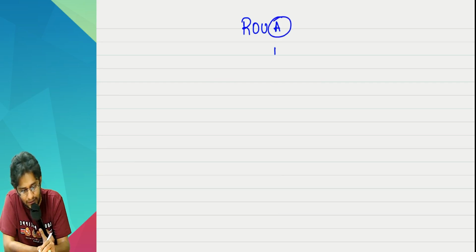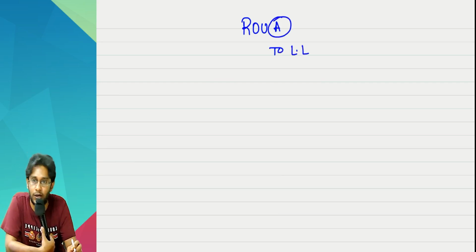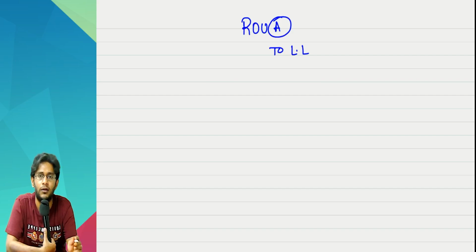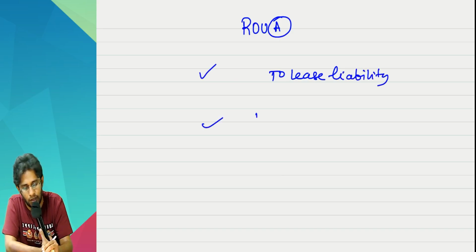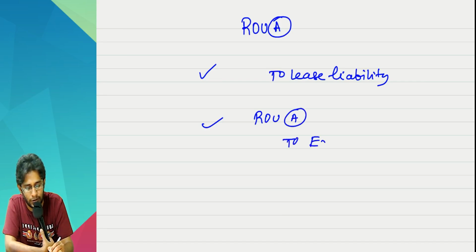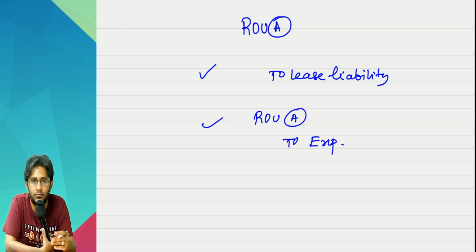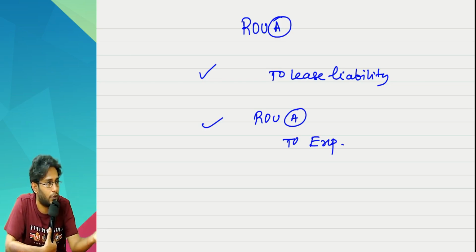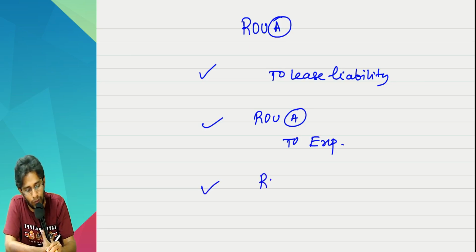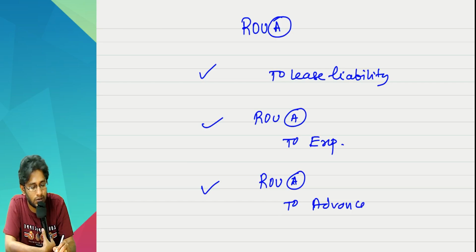So the basic entry is this: ROU asset account debit to lease liability. But of course, you may have to write entries like this overall. ROU asset account debit to lease liability. Then you may have to write ROU asset account debit to expenses for direct cost. You incurred some stamp duty and all. Expense to bank you wrote. Then ROU asset account debit to any advance payment.